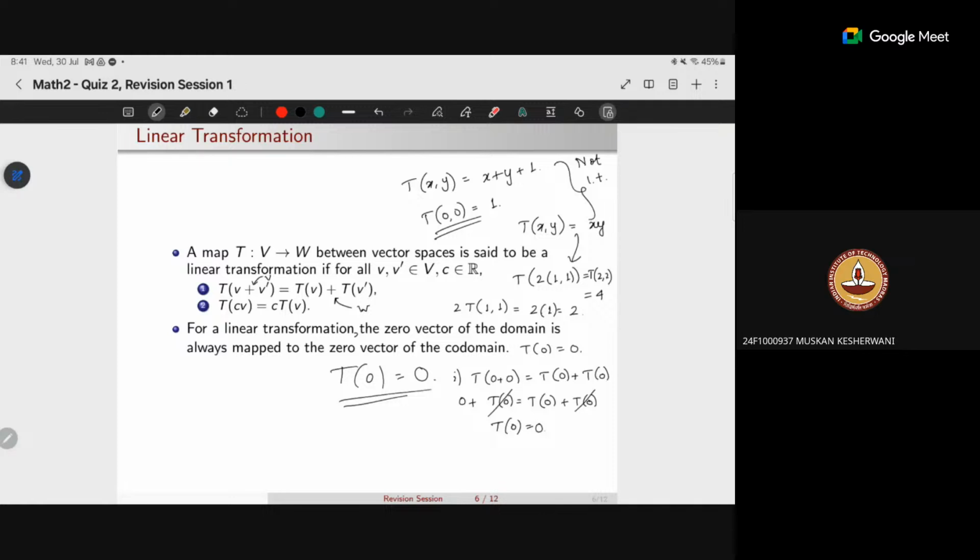So T of 2 times (1, 1) is not 2 times T of (1, 1). So this is not a linear map. If you want to prove that something is linear, you will have to give a theoretical proof of why it holds for everything. To show that it is not, you have to produce an example, a particular vector or a pair of vectors, which do not satisfy either of these properties.